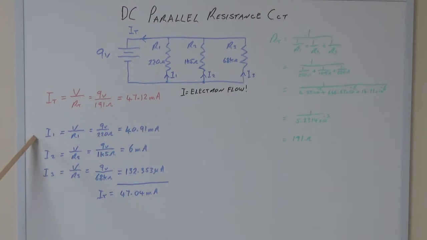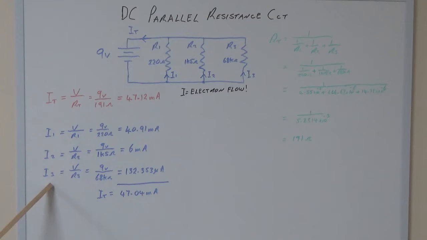So if we find I1, the supply voltage divided by R1, you can see we've got that there, and we end up with 40.91 milliamps. I2, supply voltage divided by R2, as is depicted here, and you end up with 6 milliamps.